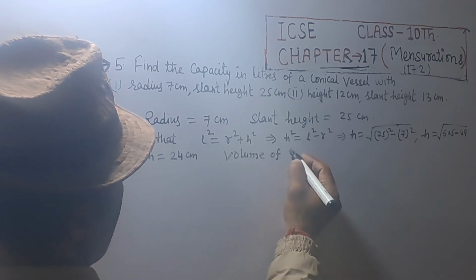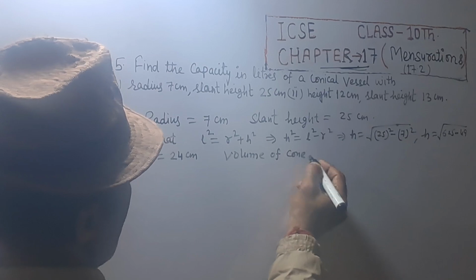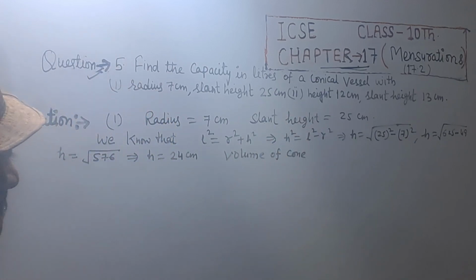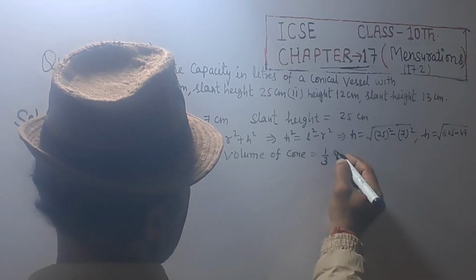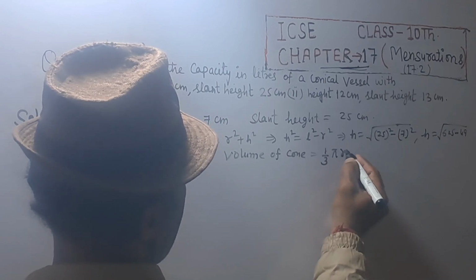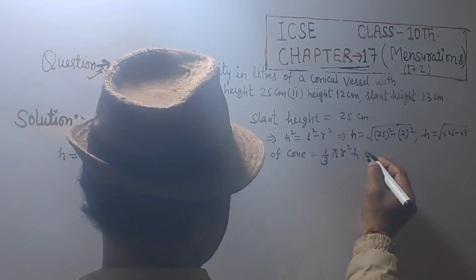Volume of cone is equal to 1 upon 3 pi r square h.